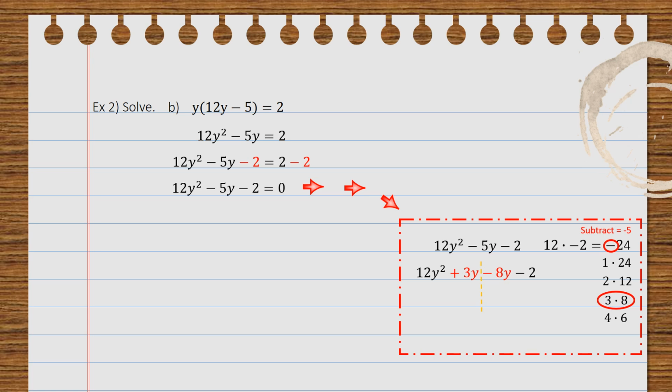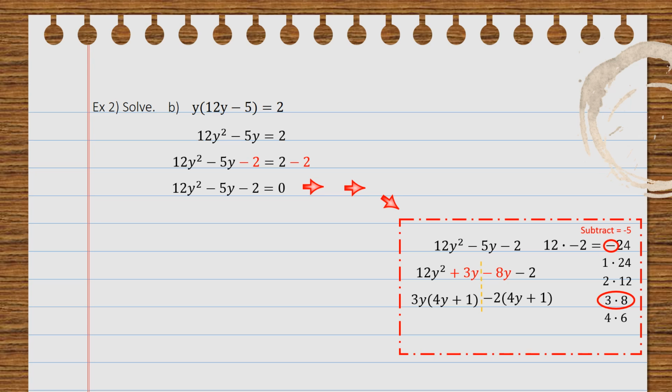Looking at the first 2 terms, they both have a 3y in common, and if we factor or divide both terms by 3y, it leaves you with 4y plus 1. Looking at the last 2 terms, they have a common factor of a -2. So if we factor out a -2, that leaves us with 4y plus 1.